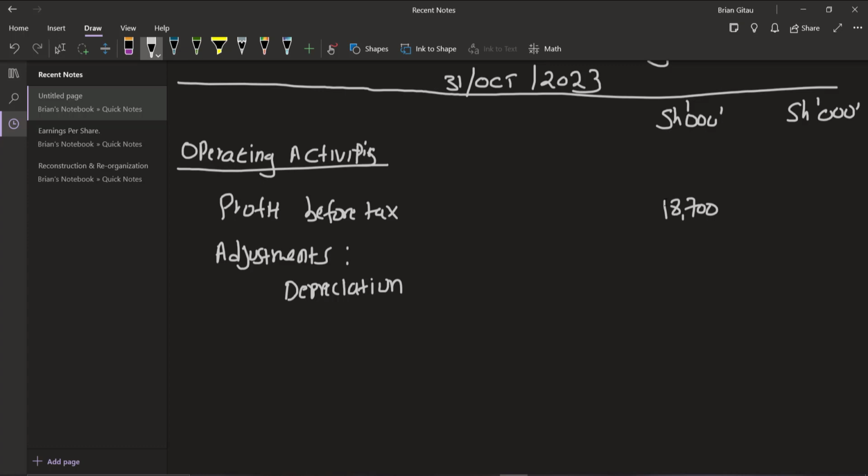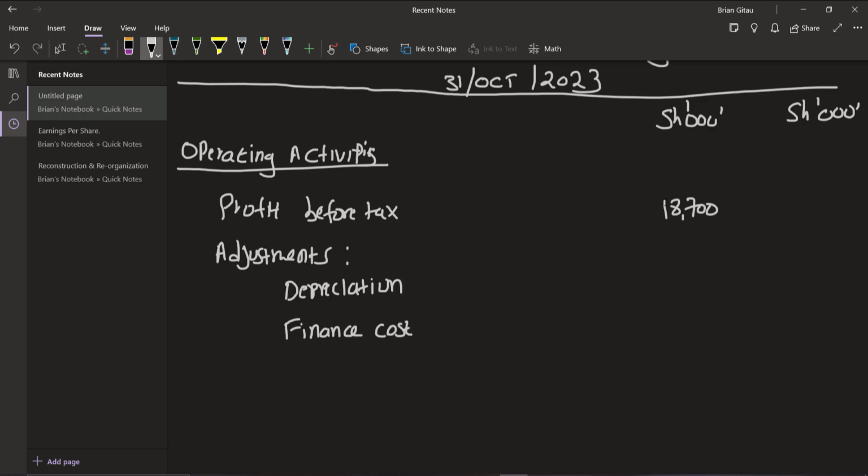And the other one is finance cost. The reason why I'm saying that these two items rarely miss on the adjustment for profit before tax is because if a company has assets, automatically those assets will depreciate.